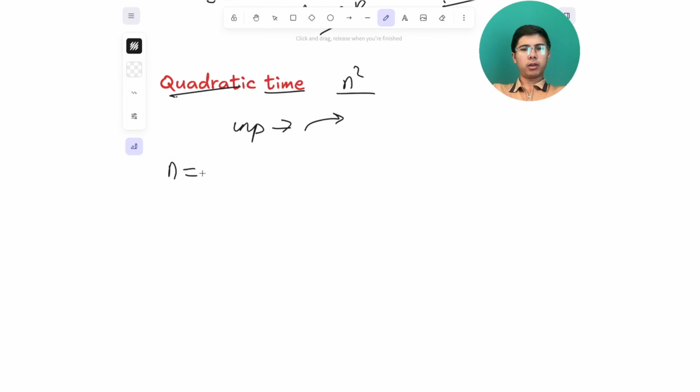Like if our input size is 2, then it becomes 2 squared, which is 4. If our input size is 10, then it becomes 100, and so on. Because of this, the algorithm becomes much slower as input grows.